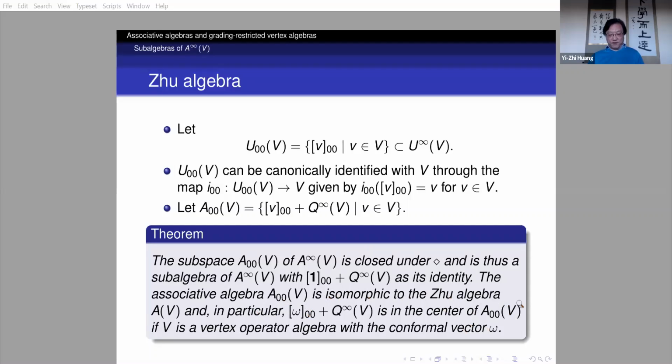Therefore this is isomorphic to Zhu's algebra, and if V is a vertex operator algebra, then we have a conformal vector, which is in the center. This is what Zhu already had, but the main thing is that now we have identified Zhu's algebra as a very, very small subalgebra in our algebra.